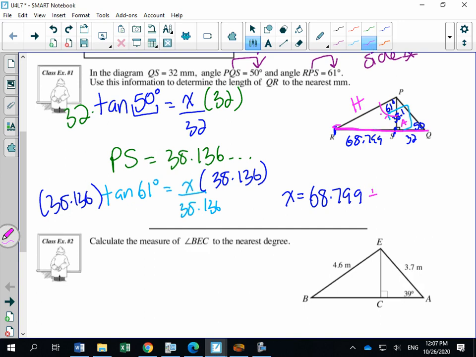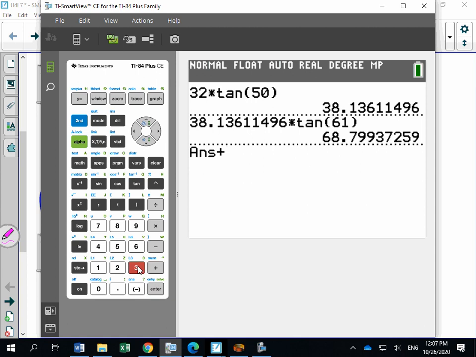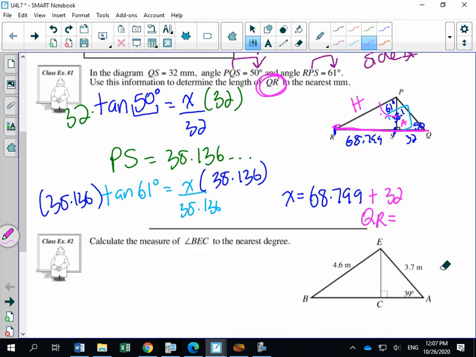So to that number, I have to add 32. And I'm going to call that QR. That's how they asked for it to be called. So QR to the nearest millimeter. So let's take that number and now let's add 32 to it. And we get, what would you guys round this to? 101 millimeters.